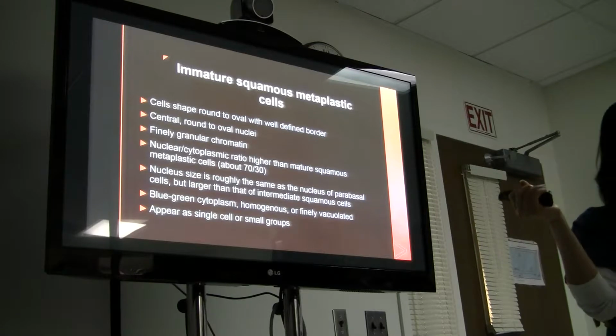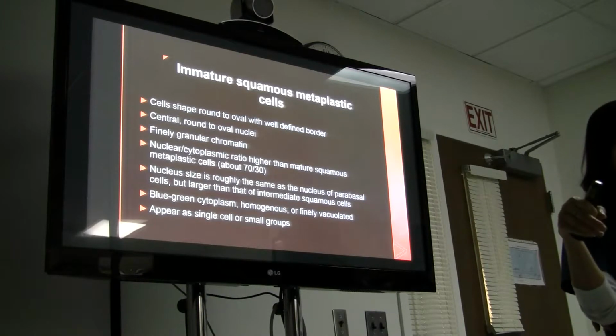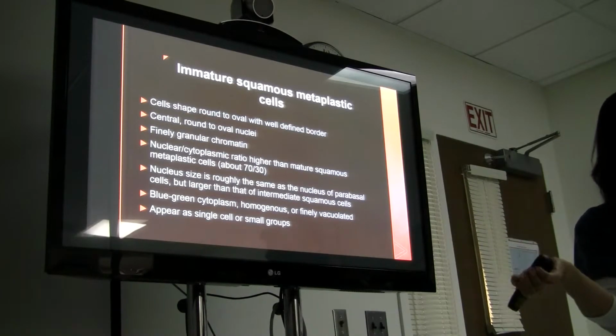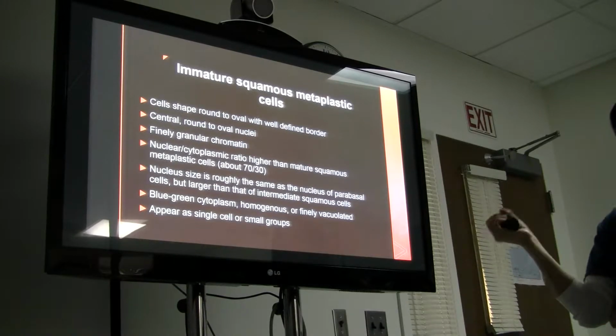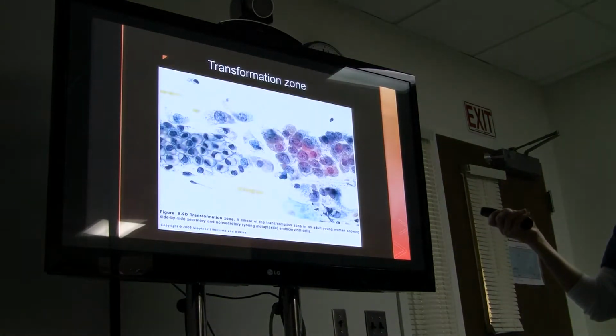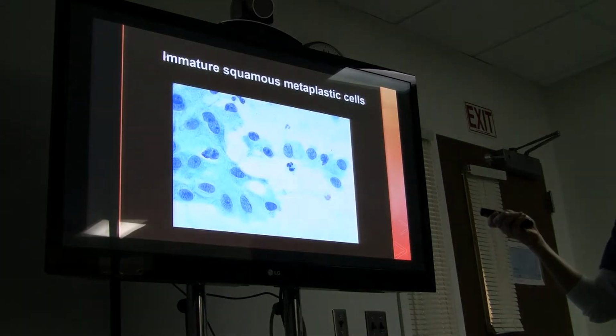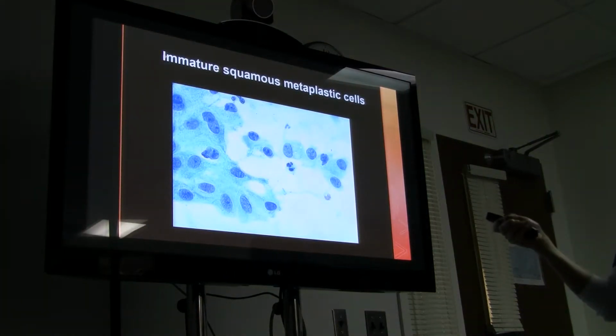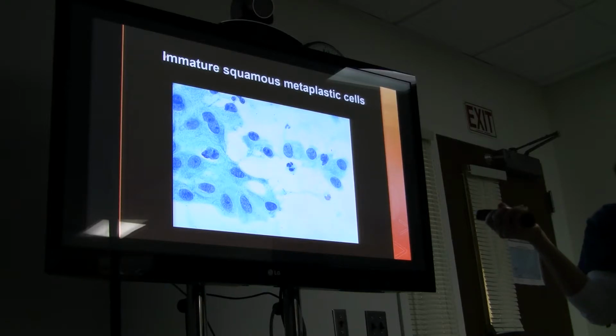It's not as high as the basal cell, where you see the majority of the nucleus with a little bit of cytoplasm. Let's look at this cell. Again, you start to see the nucleus here, but the cytoplasm may occupy half or two-thirds of the space.